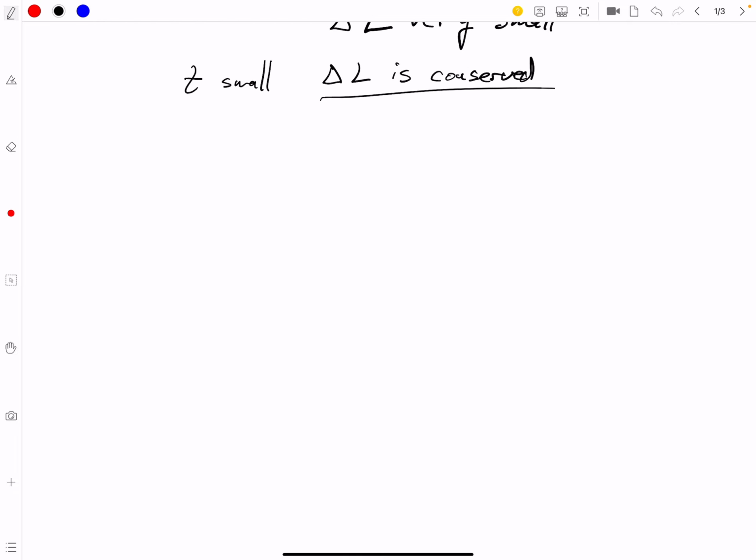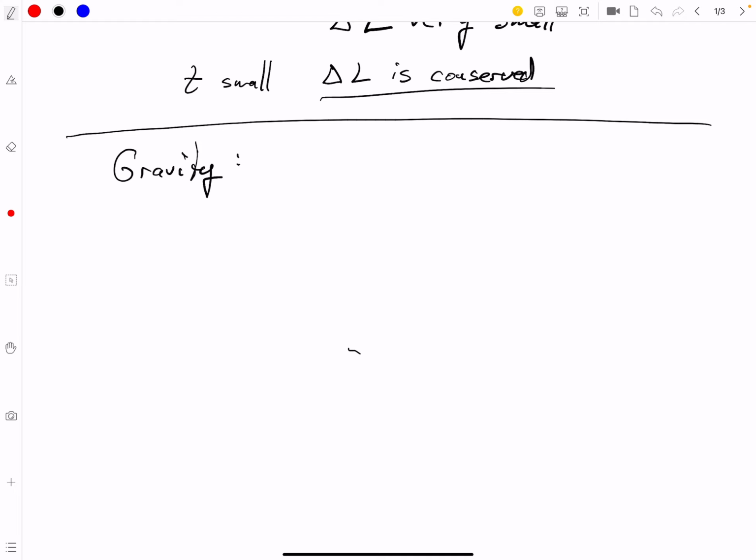So what is the force we're dealing with in space? The force in space is gravity. What about gravity?